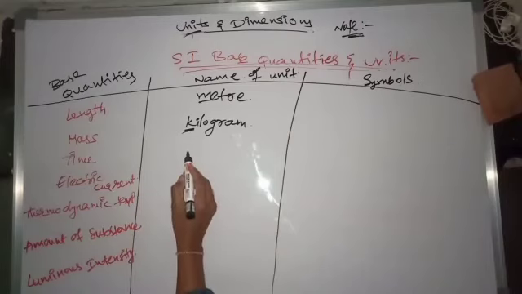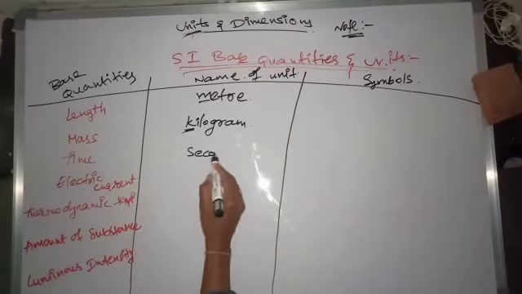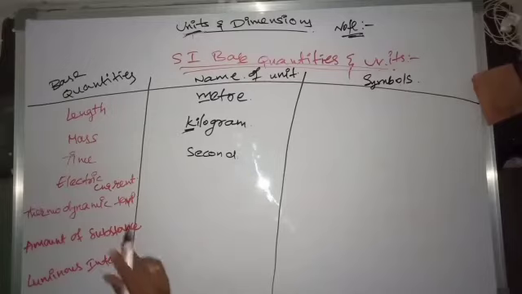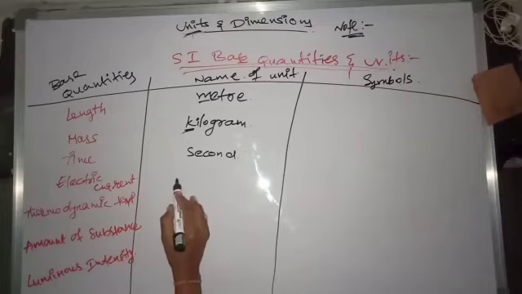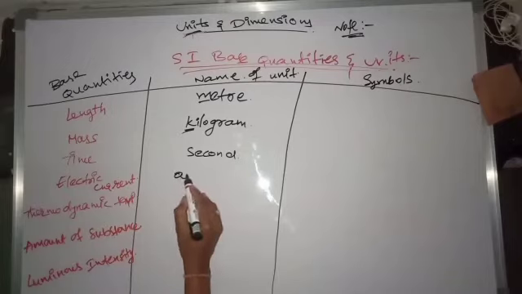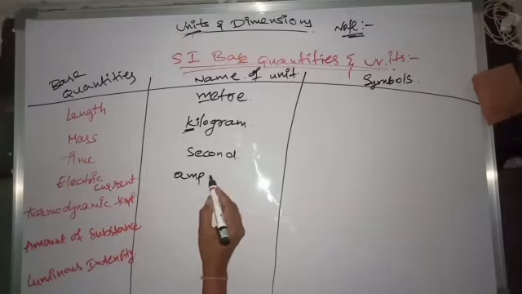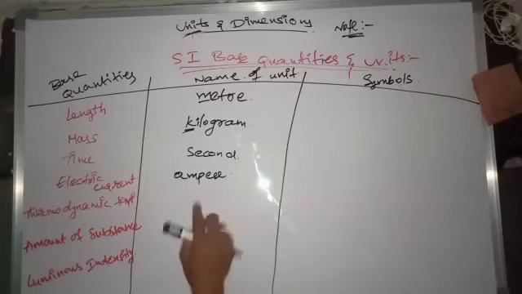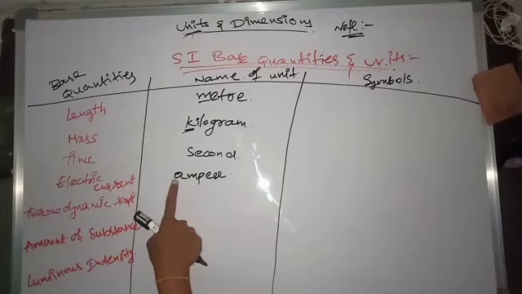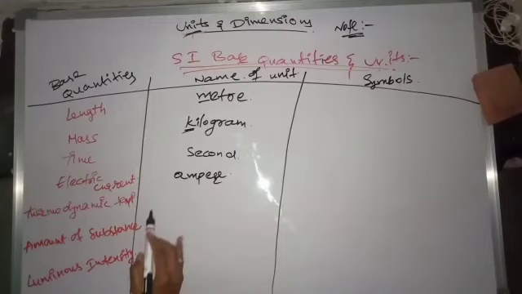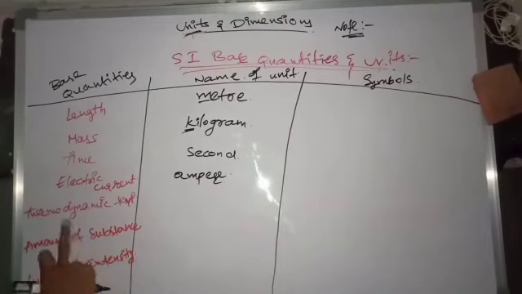And the time is measured in seconds. Electric current is measured in ampere. See here, this ampere is the name of a scientist. The name of the scientist must also be written in small letters only. No capital letters. Don't use capital letters. This is a rule for writing the name of the units.